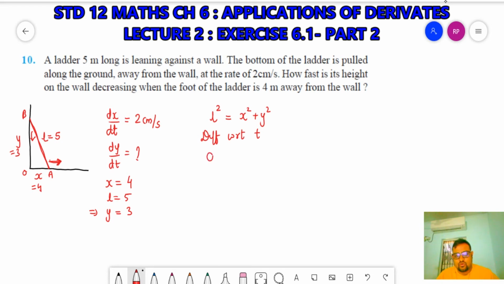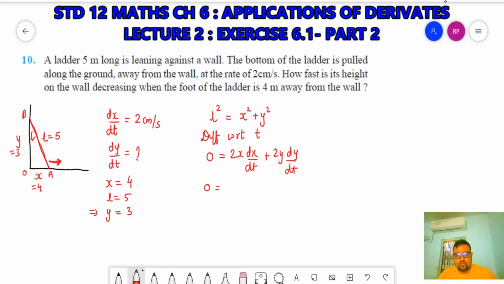So this will be equal to 0, plus 2x dx by dt, plus 2y dy by dt.